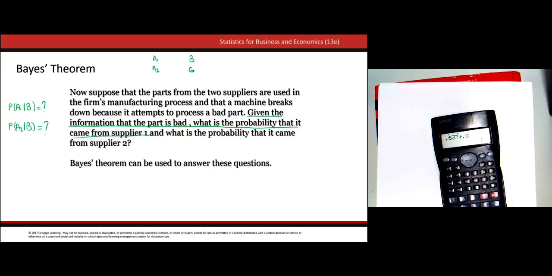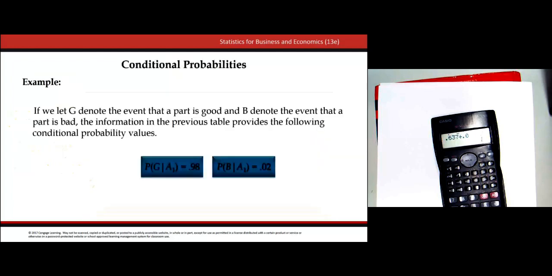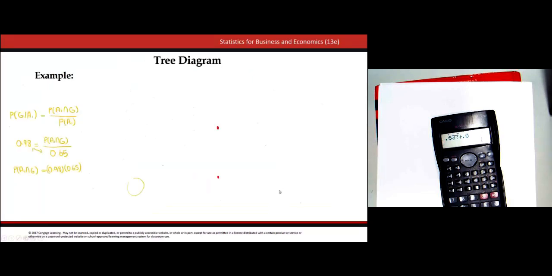That is A2 given B. Remember, probability of A1 given B and probability of B given A1 are two different things. What is probability of B given A1? The probability that the part is bad given it came from supplier 1. That probability is given here. If the part comes from supplier 1, what's the probability it is bad? 0.02.